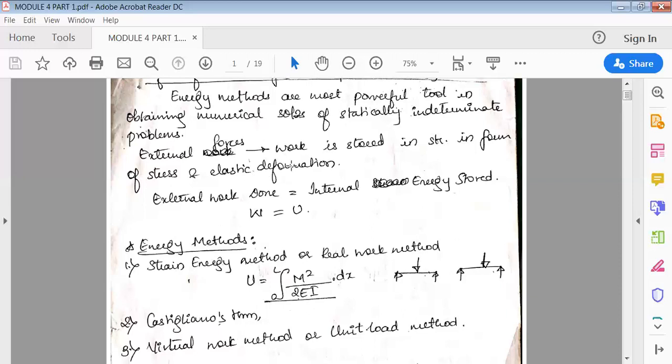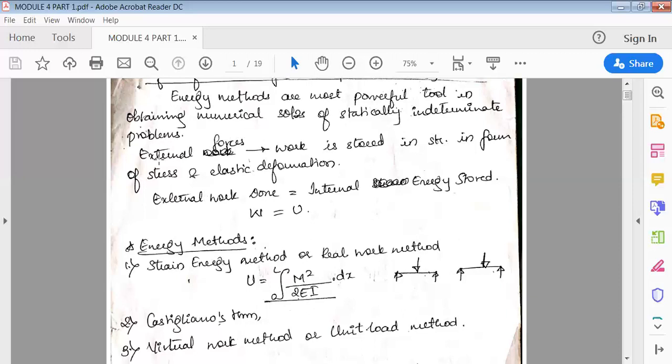So when you apply the load to the beam, before it bends, it undergoes stresses. When an external force acts on the beam, it undergoes stress and elastic deformation. In order to counteract this external force, there is an internal energy stored. This internal energy is nothing but the resistance offered by the structure.